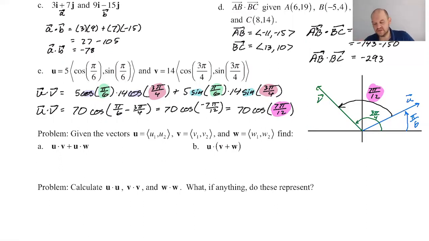We knew the two initial angles, 3 pi over 4 and pi over 6, and we're able to find the angle between them. It looks like the dot product, u dot v, is the product of the magnitudes, magnitude of u, magnitude of v, times the cosine of the angle between the vectors. I don't know if I was expecting that, but that seems to be what's happened here.